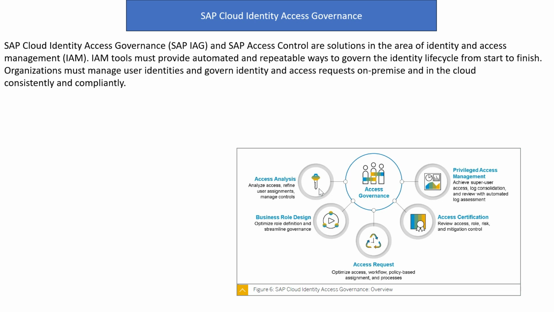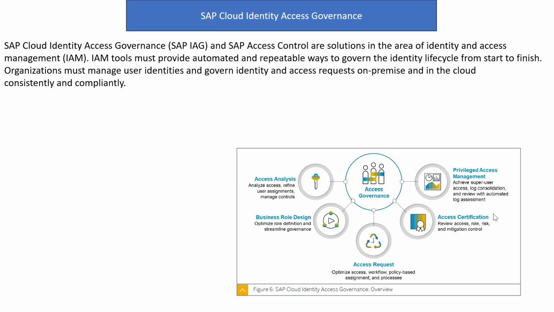And then it will provide business role design, privileged access management, access request, and then access certification. These are the five main components of SAP Cloud Identity Access Governance: access analysis, business role design, privileged access management, access request and access certification.